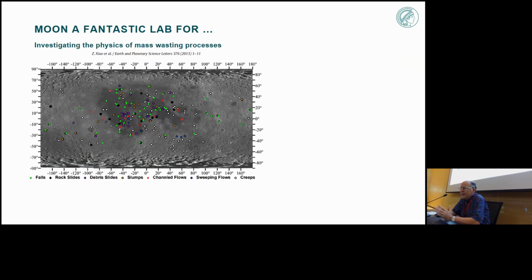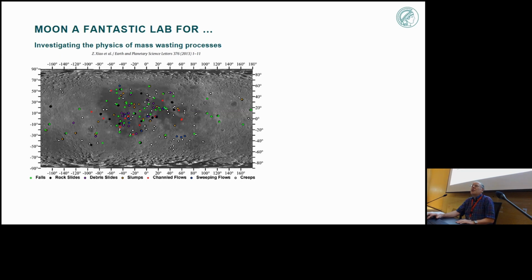But the fantastic thing is that the moon is not only an archive of the history of the solar system, if you think of solar wind implantation, but it's also a fantastic lab to investigate some of these geomechanical processes. And I'm absolutely intrigued by what I heard this morning from our Norwegian colleagues and the research they are doing.